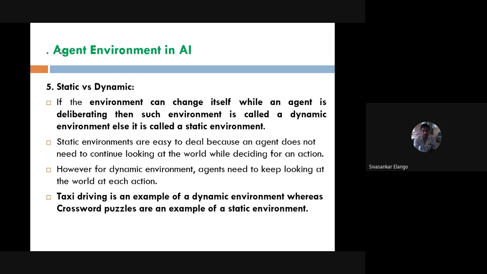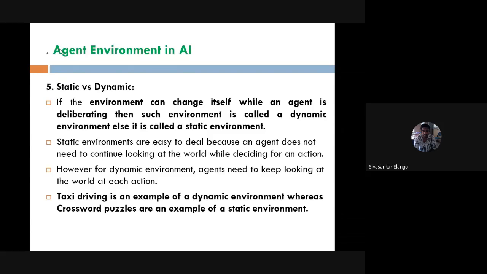And the next category is static versus dynamic. If the environment can change itself while the agent is deliberating on an action, then such an environment is called a dynamic environment. So the environment is continuously changing, like with autonomous vehicles, like driving a car. A software agent driving an autonomous vehicle, where the road, the pedestrians and other vehicles present in the environment are continuously changing dynamically, is in a dynamic environment.